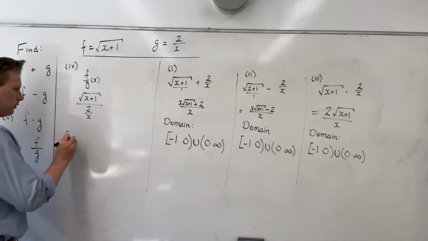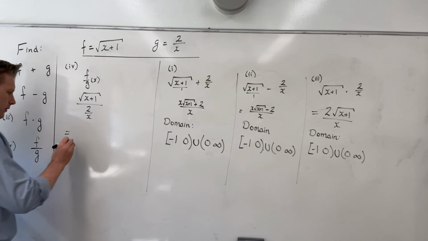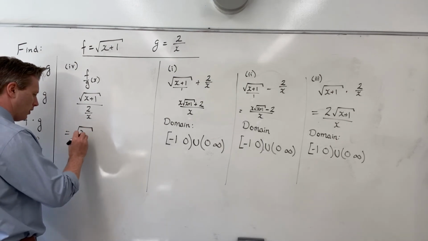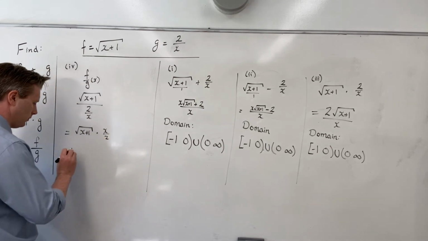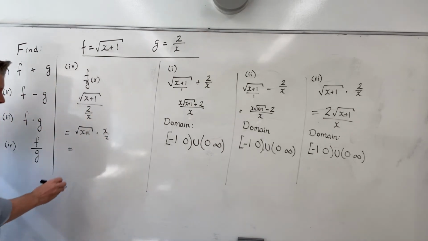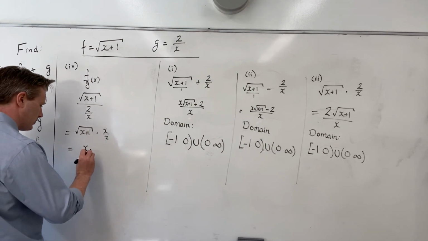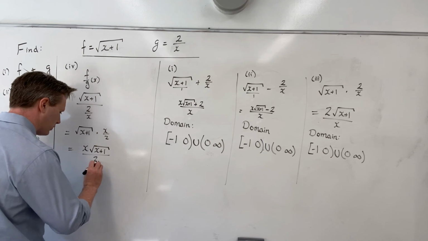I will invert my denominator and multiply, so this is the same as the square root of x plus 1 times x over 2. And so I get x times the square root of x plus 1 all over 2.